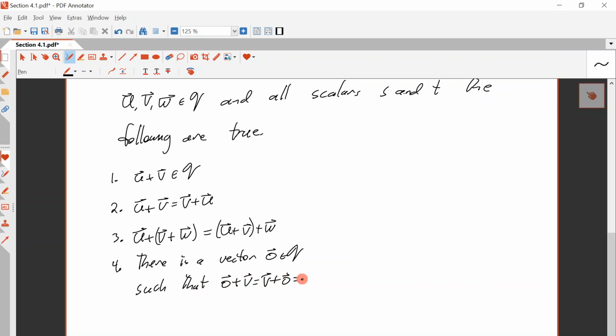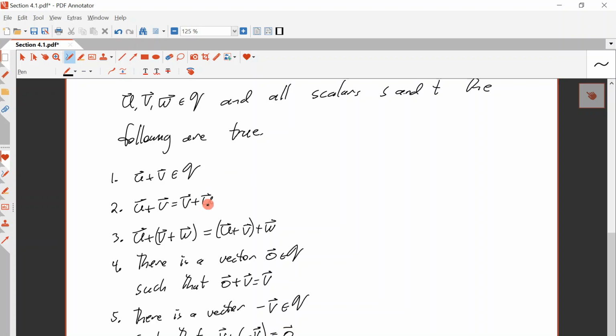We already know it's commutative. Okay, so there's this 0 vector. 5, there is a vector minus v, such that v plus this thing called minus v is the 0 vector.